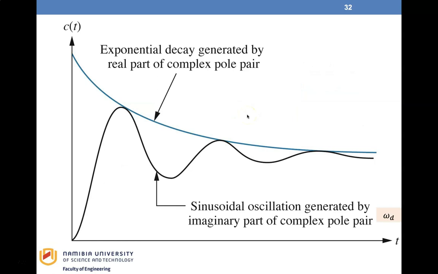This can be further depicted graphically like this, where the value of the imaginary part is the actual frequency of the sinusoid. It is called the damped frequency of oscillation, or omega sub d. The steady-state response is generated by the unit step input, which is the pole located at the origin. This type of response is called underdamped response.